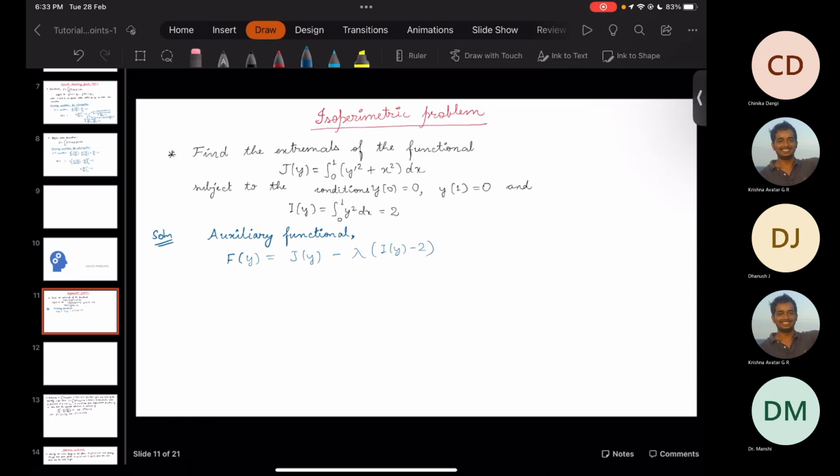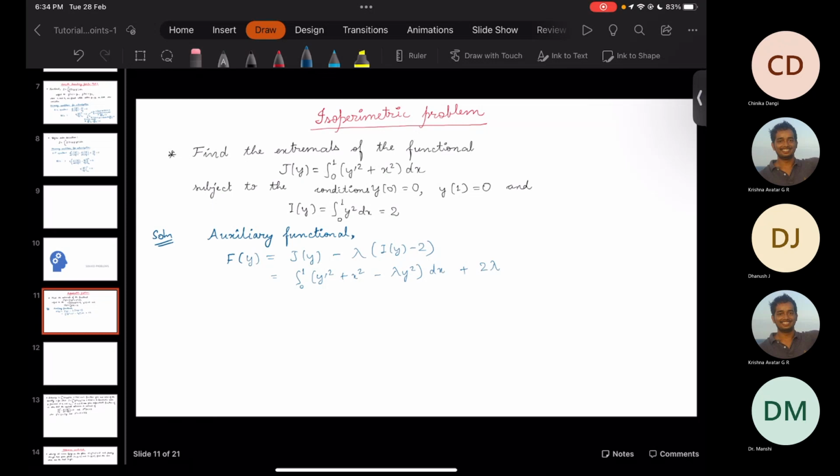So this lambda here enforces our constraint. And this is defined as the integral from 0 to 1 of y prime squared plus x squared, minus lambda y squared dx, plus 2 lambda.